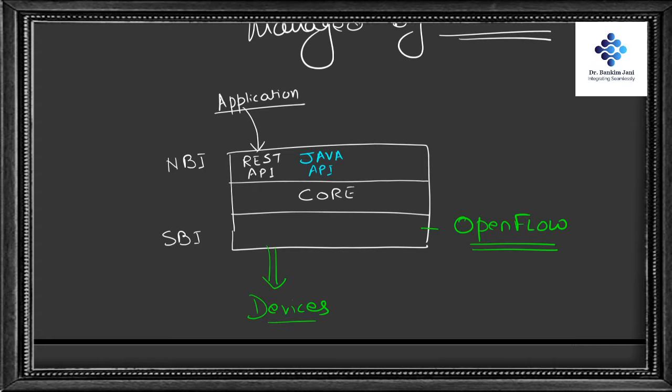New things came up. OpenFlow was there, then came PCEP, then came BGP-LS, then came OVSDB.